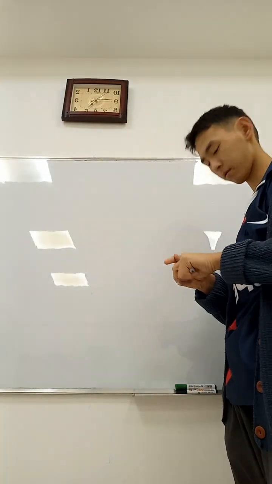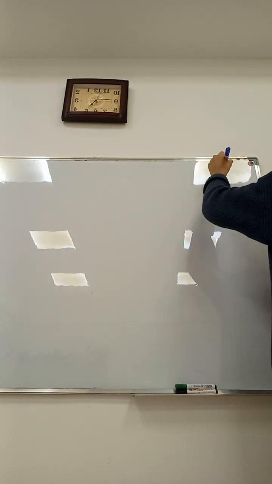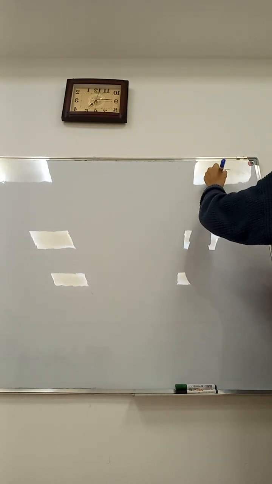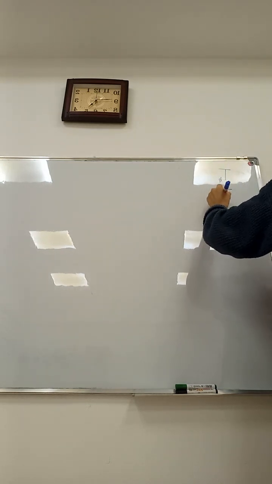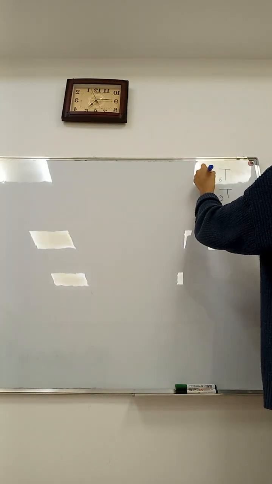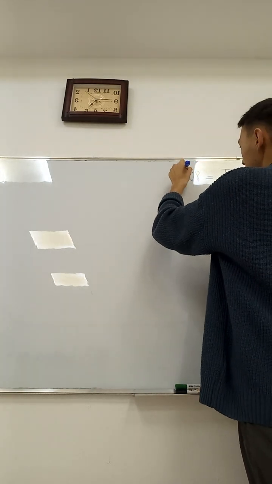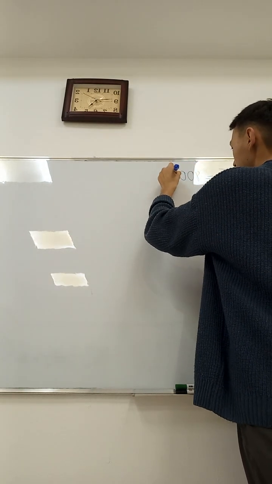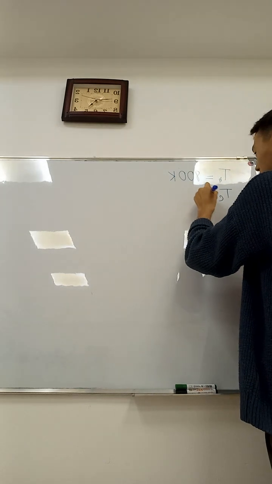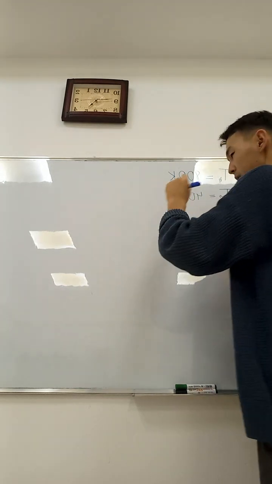Let's solve this at the desk. At first, we have two temperatures, hot and cold. The hot temperature is 800 kelvins and the cold is 400 kelvins.